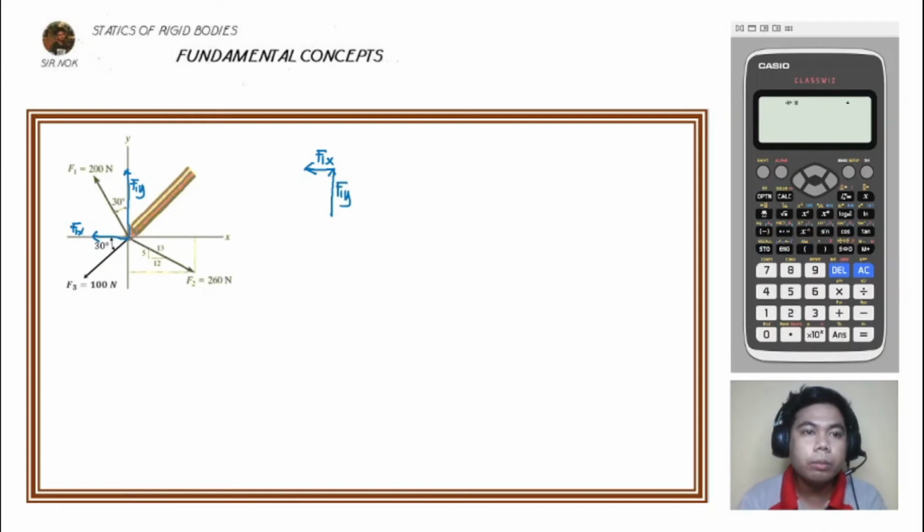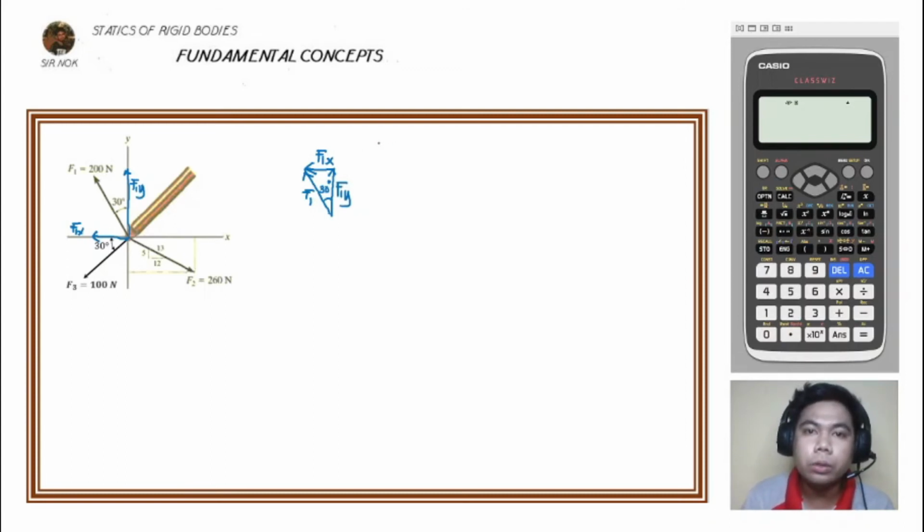So 200 newton makes an angle of 30 degrees with respect to the y-axis, or F1 is 30 degrees to the left of the y-axis. So solve for the x component. As we can see in our force triangle, the x component is the opposite side of the angle 30 degrees.